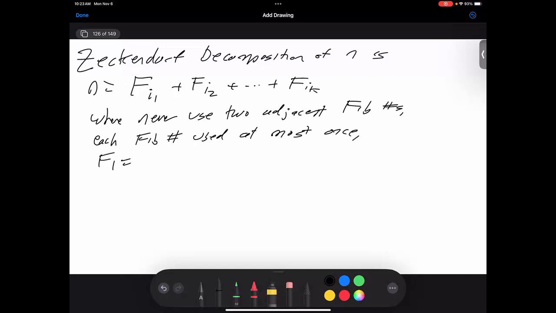And we define F1 is 1, F2 is 2, F3 is 3, F4 is 5, and so on.